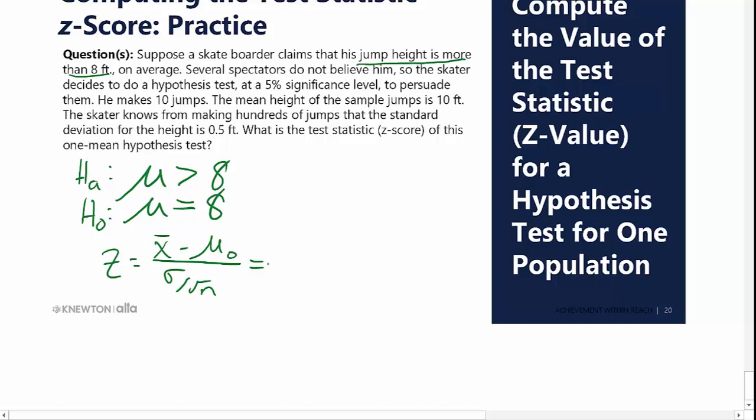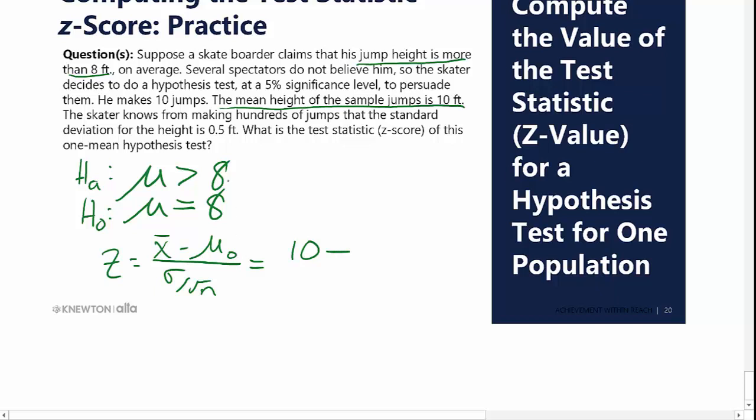X bar is the sample mean height. So x bar is not 8. It says that he makes 10 jumps, and the mean height of the sample jumps is 10 feet. X bar is 10 feet. So our z-score will be 10 minus mu naught, which comes from the hypothesis.